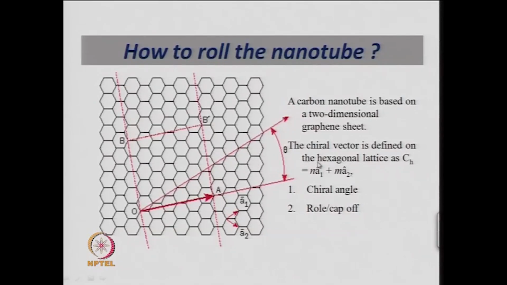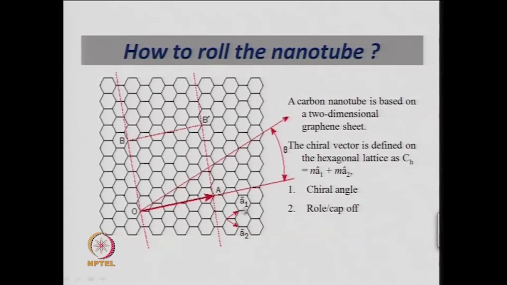In this hexagonal lattice, you define what is called a chiral vector. So, in this 2 dimensional lattice, you define a chiral vector C h, which is dependent on 2 vectors a 1 and a 2. In any hexagonal lattice, you can define these 2 vectors, and what are the numbers or the coefficients of these 2 vectors.